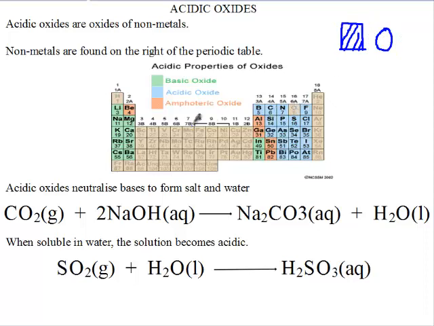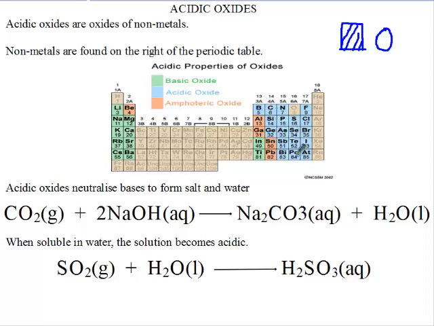Now we know that on the periodic table, metals are found on the left, and then as you move to the right, you encounter non-metals. Over here, the oxides of non-metals are the ones indicated in this blue color.